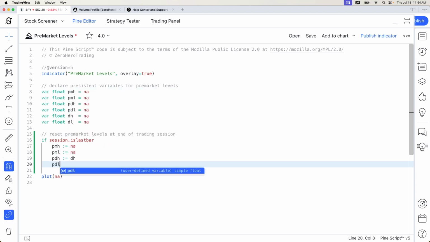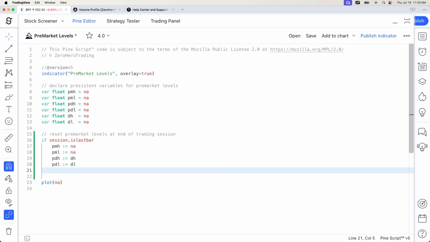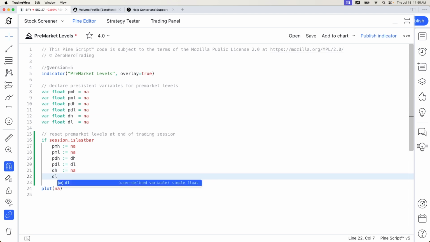And our previous day low should be reset to the current day low. And then our day high should be reset to na, null. And our day low, same, should be reset to null. Let's save. No errors. We're good to continue.